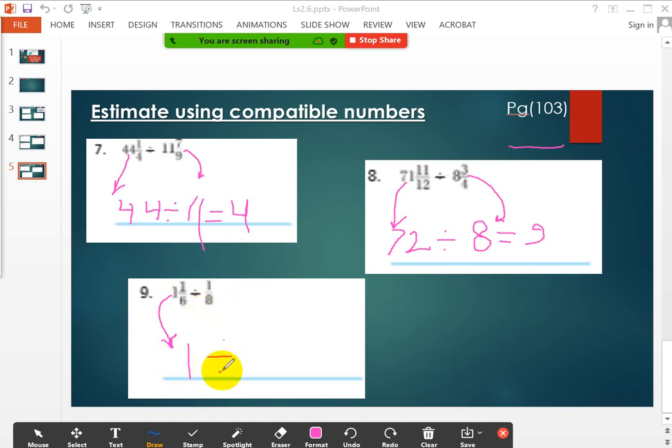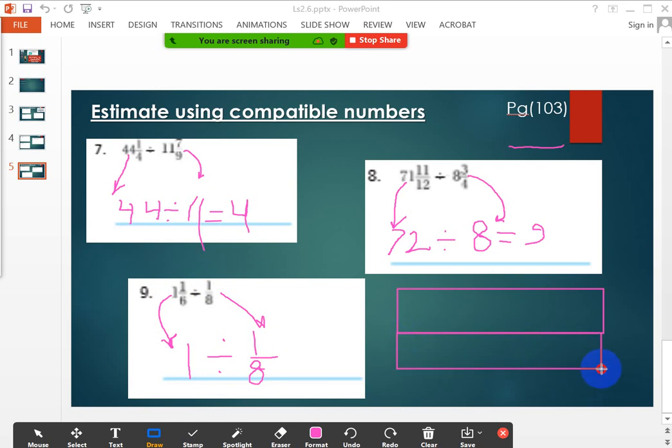Now, I want to divide it by this fraction, 1 over 8. I will leave the number as it is. Do you know how to divide the number as we learned yesterday, on the fraction strip? Yes. Let's do it together.